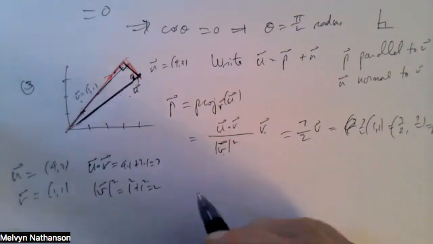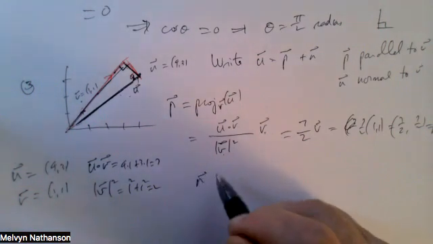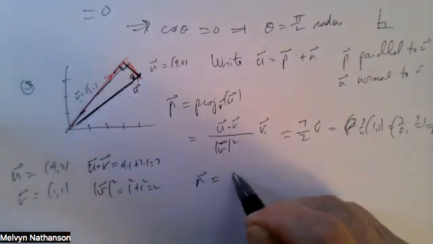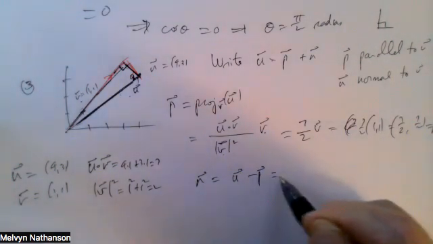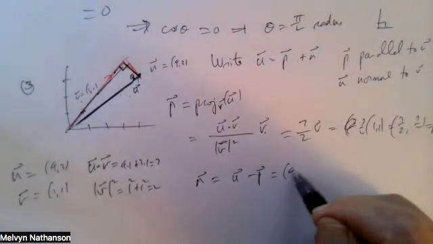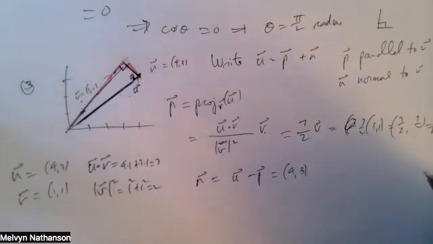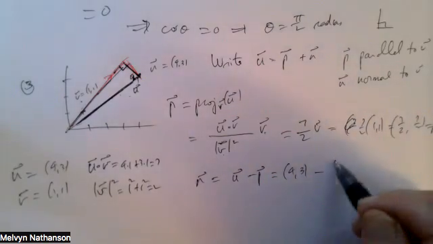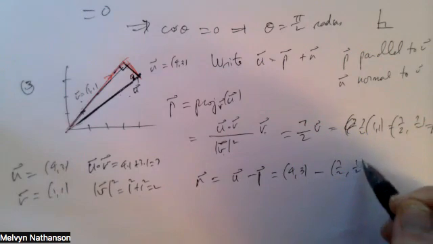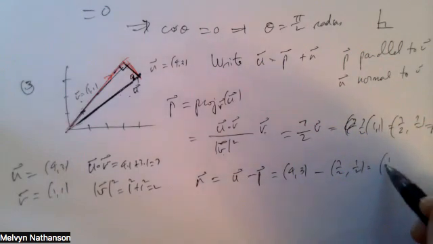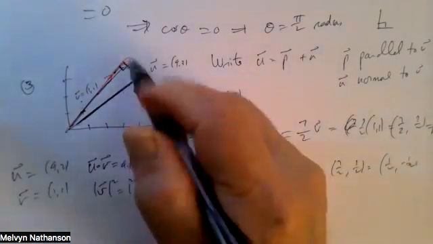And the component N is going to be U minus the projection. U is 4, 3. P is 7 halves, 7 halves. So this gives 1/2, minus 1/2. That's what this vector is.